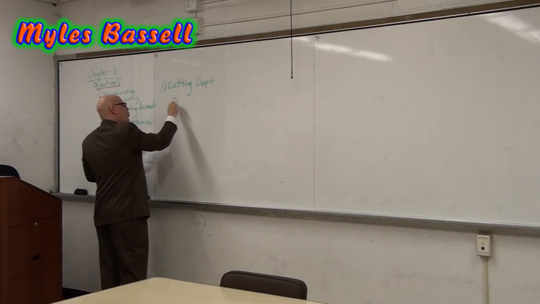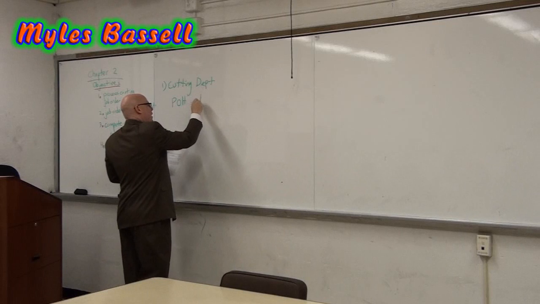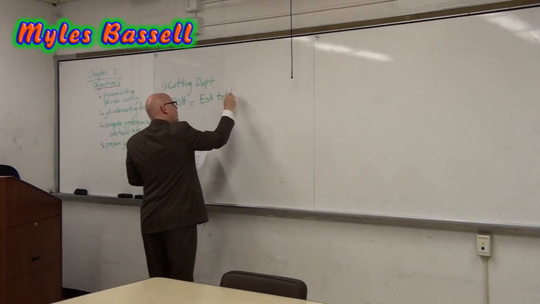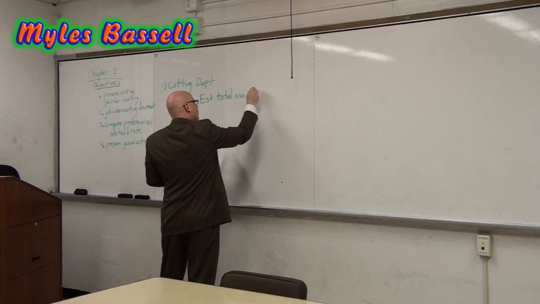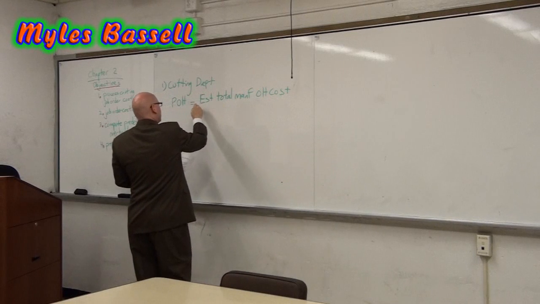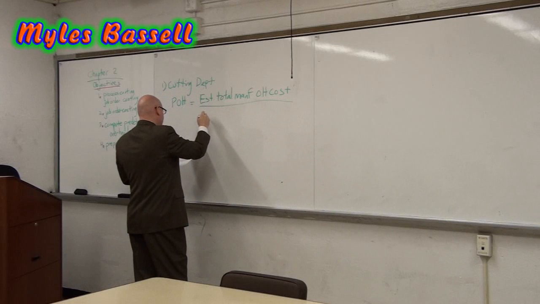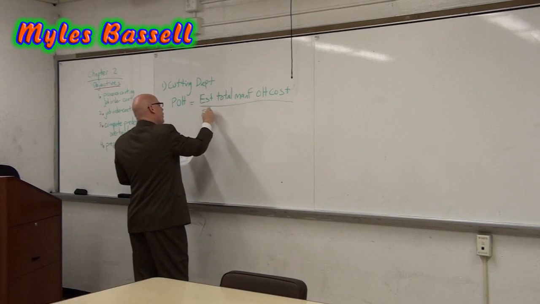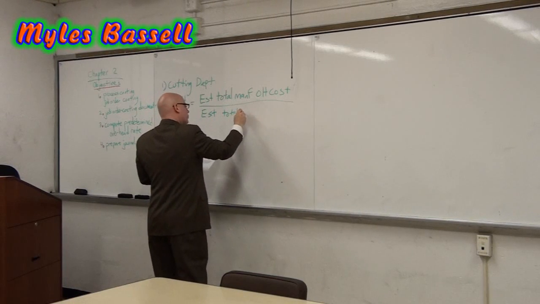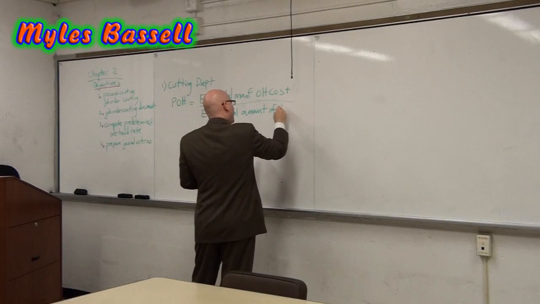All right, so the predetermined overhead rate is calculated like this. We have the estimated total manufacturing overhead cost. So remember, we're trying to calculate the rate. We divide that by the estimated total amount of the allocation base.